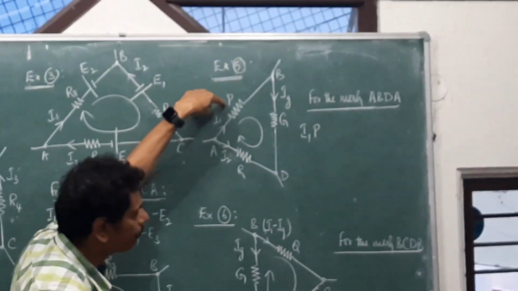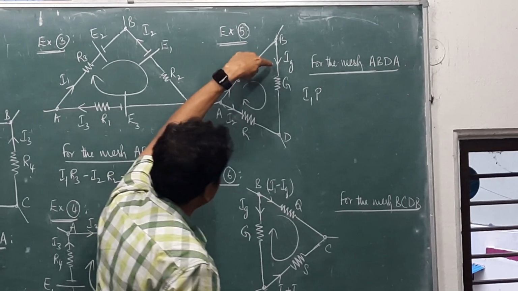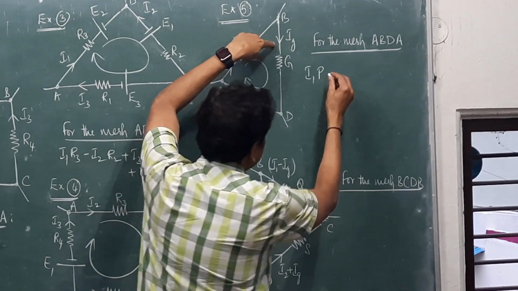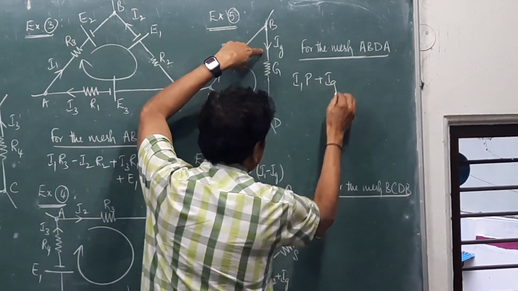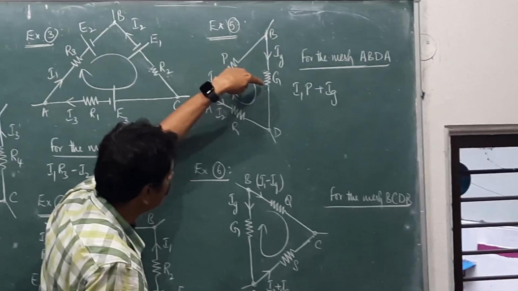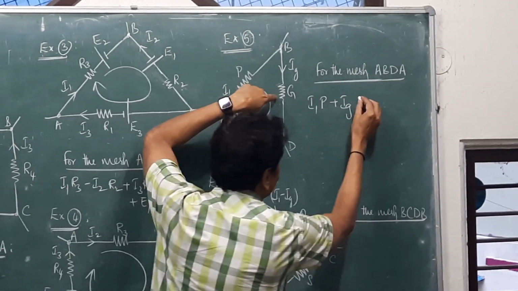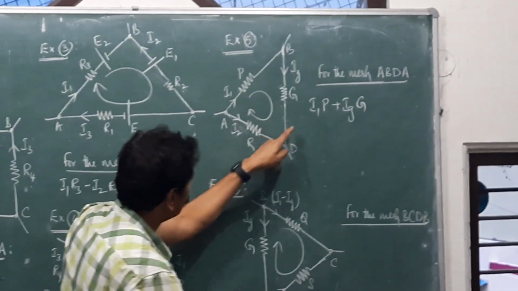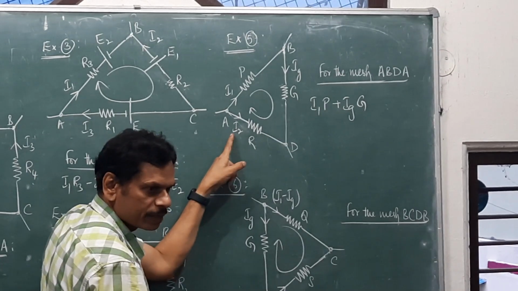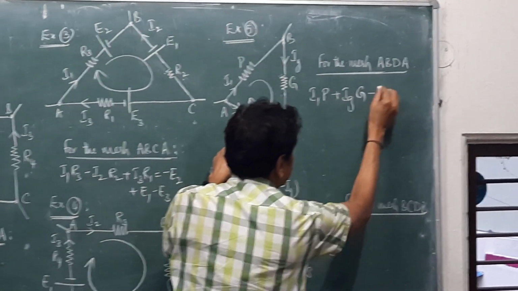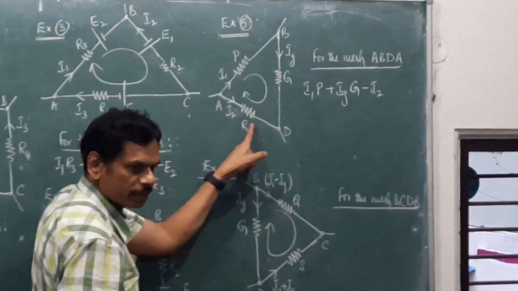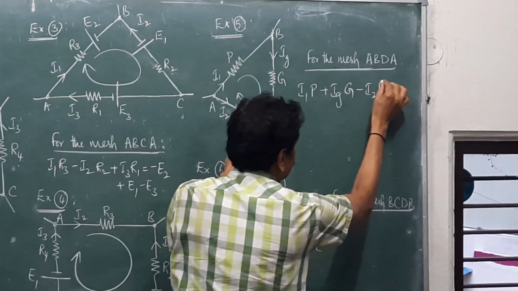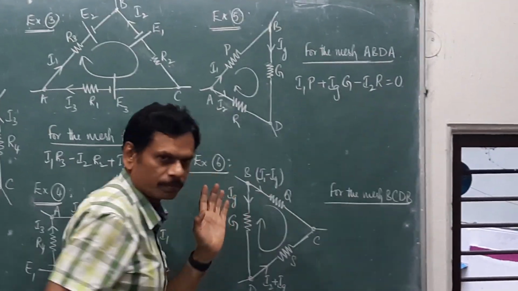Here Ig is the current, plus Ig, carefully see that, plus Ig, G is the resistance here, multiplied by G. And goes to here, minus I2 I am supposed to write, minus I2 into this resistance, that is R, that value is equal to 0.